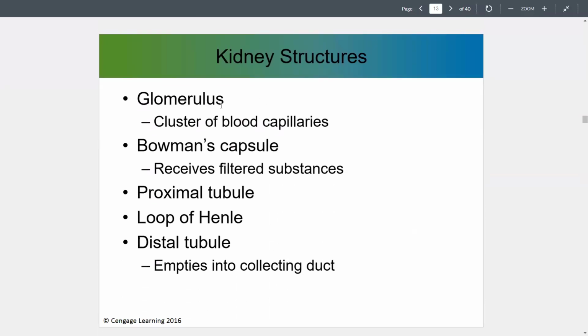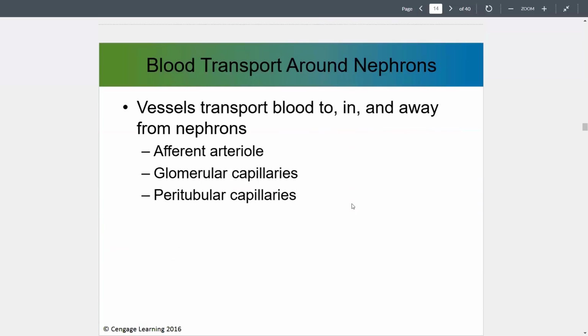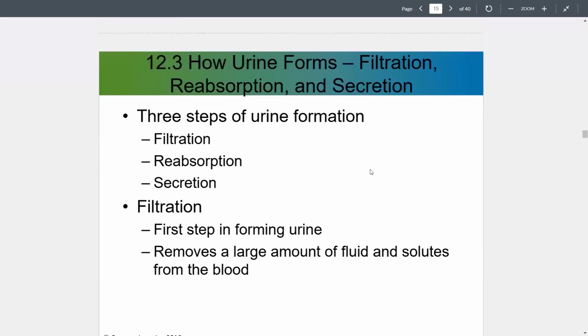One of them is called the glomerulus, and that's a cluster of blood capillaries that I'll show you in the picture. And then you have the Bowman's capsule, which is like a catcher's mitt. And then you have these little tubes: the proximal tubule, the distal tubule, and the loop of Henle. And the blood vessels bring the blood in, through, and out of the nephrons.